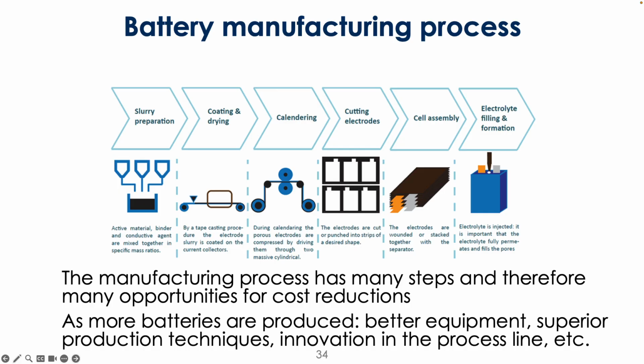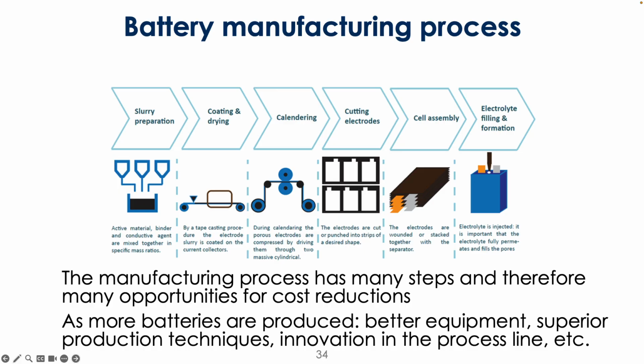That's all preparation of your cathodes and anodes, then cutting the electrodes and putting it all together into your cells. That step, the cell assembly, is the first fundamental piece of the battery, and then filling it with electrolyte and forming them into modules.